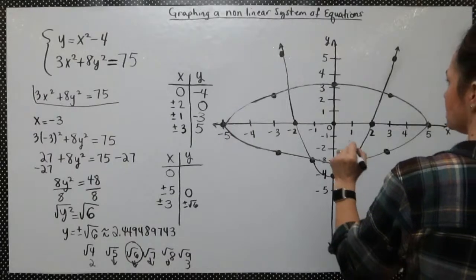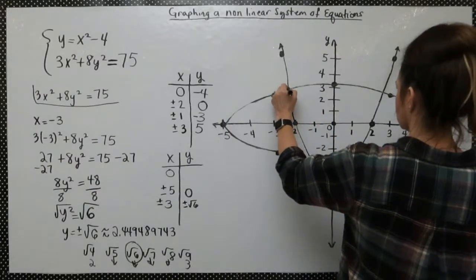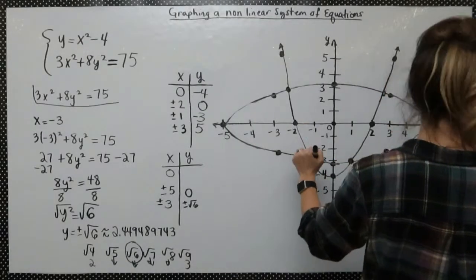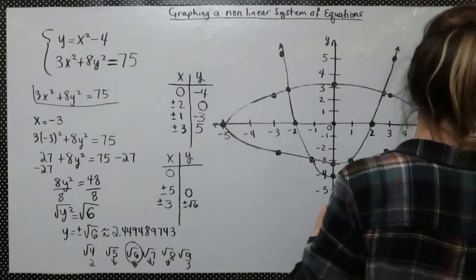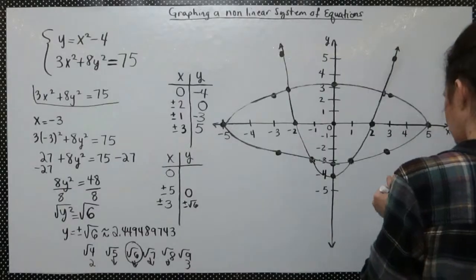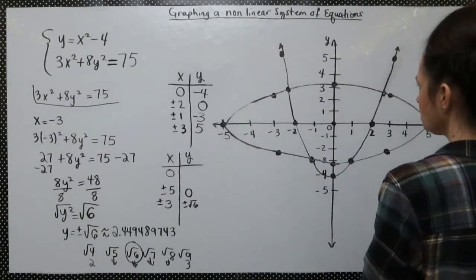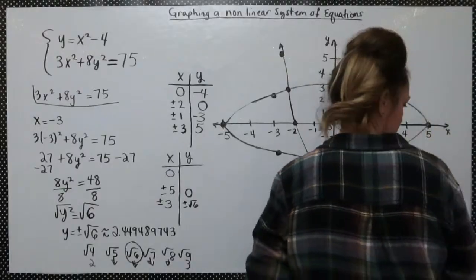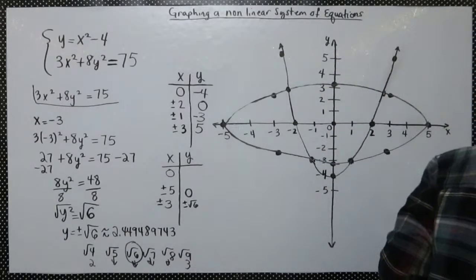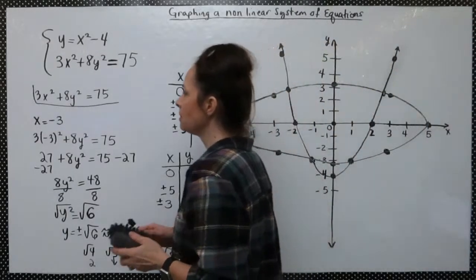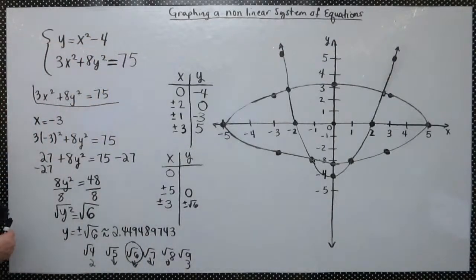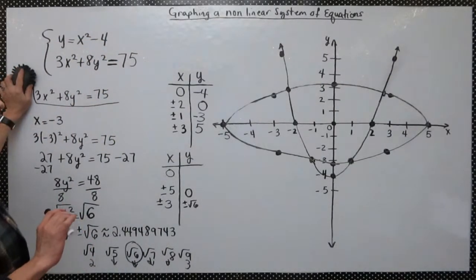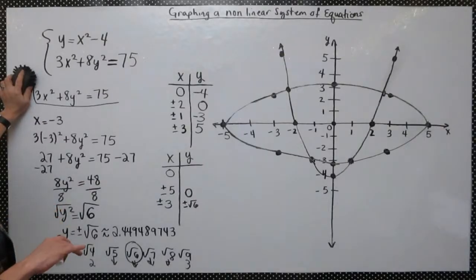So I see an intersection here, here, here, and here, but I don't see those values. They're not clean to me. So what I have to do now is, if I had graph paper, then I feel like I would have been able to do a little bit better job. And it doesn't always work out that you can see those points graphically. So I don't technically have this system solved yet.